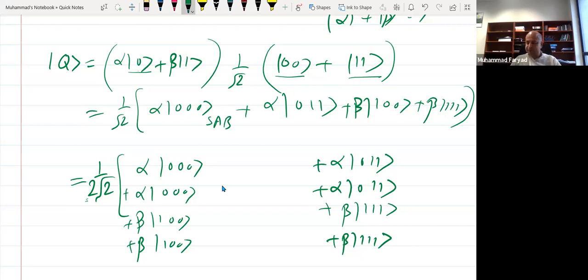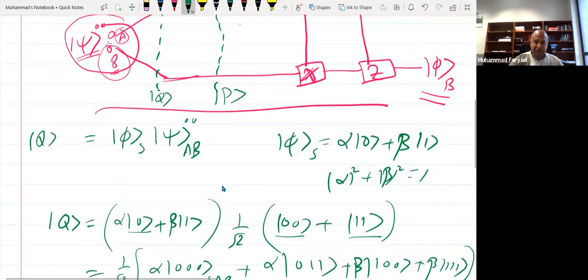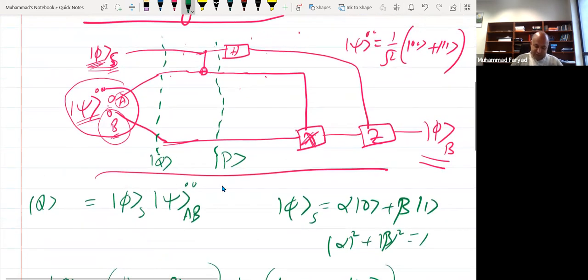Okay, so let me add plus alpha 1, 1, 0 here. And I'm doing this addition and subtraction because if you see the circuit, what I want is for this B qubit to go to this state phi, which was at the S qubit.